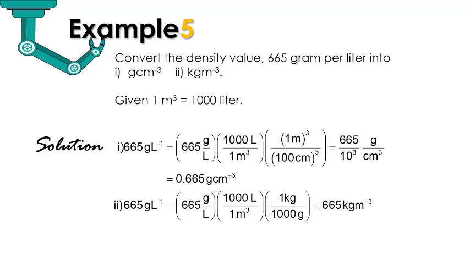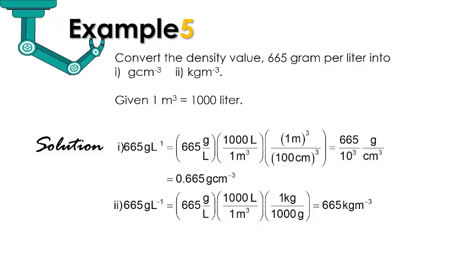For the first question, 665 gram per liter is multiplied with the first conversion factor 1000 liter per 1 cubic meter to eliminate the unit of liter.